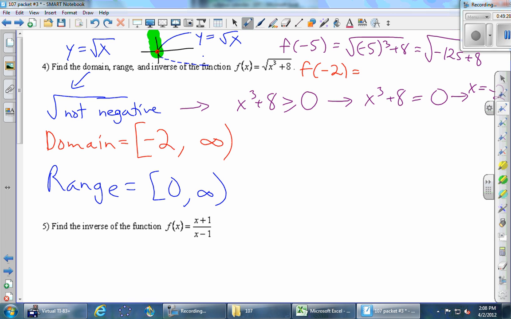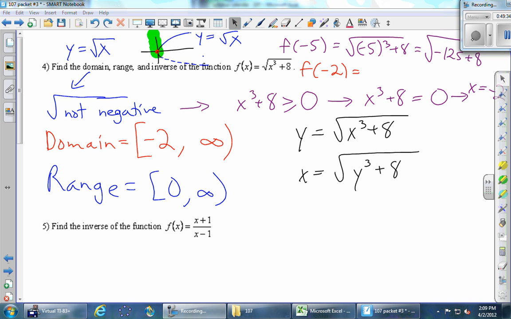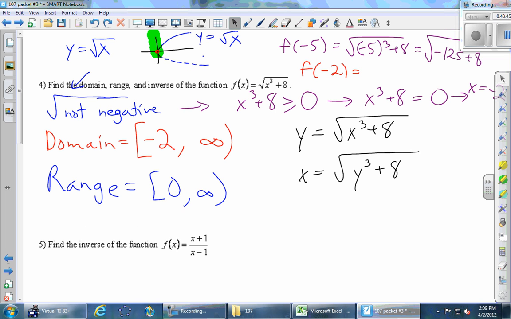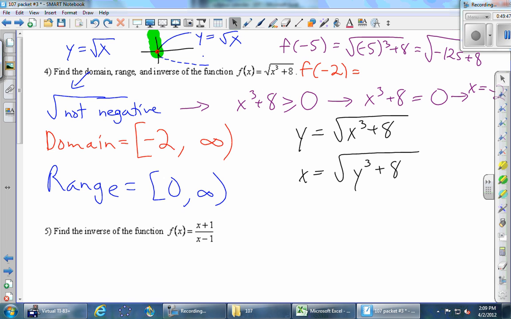Okay, what was the last piece of this question? Finding the inverse. You guys find the inverse and we'll call it a day. Algebraically, what do I have to do first? Square both sides, right? You're trying to get your hands on y. It's buried inside of a radical. So square both sides. Still trying to get my hands on y.